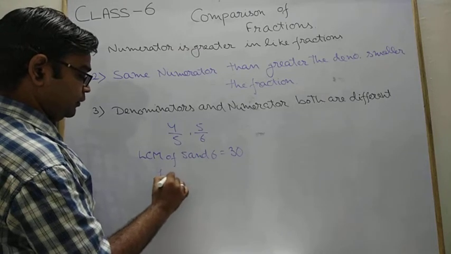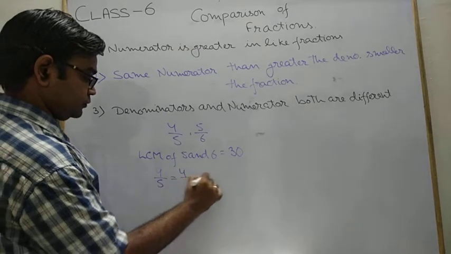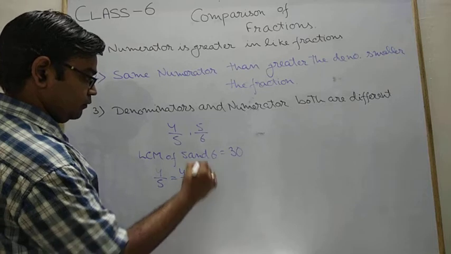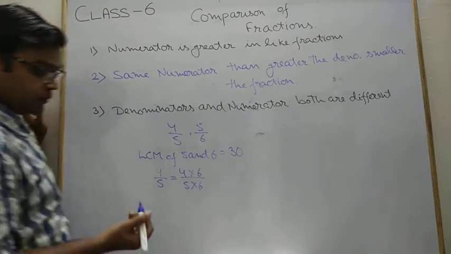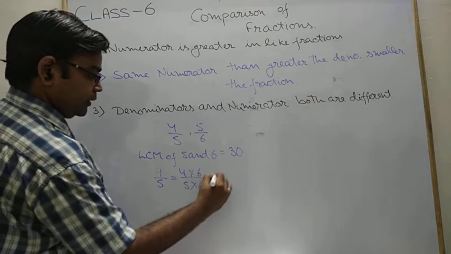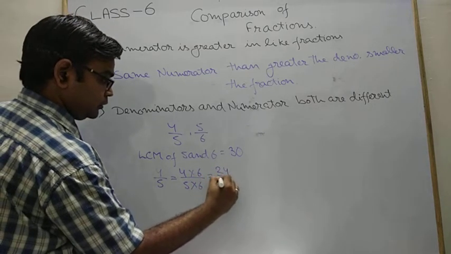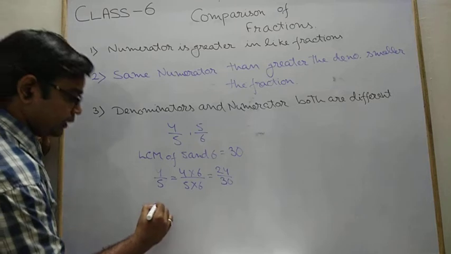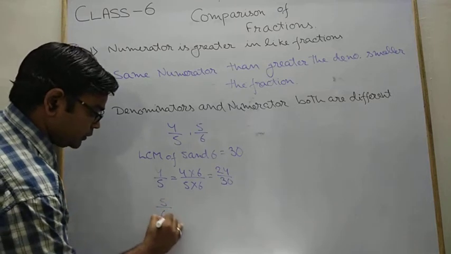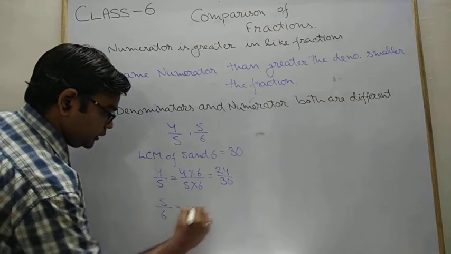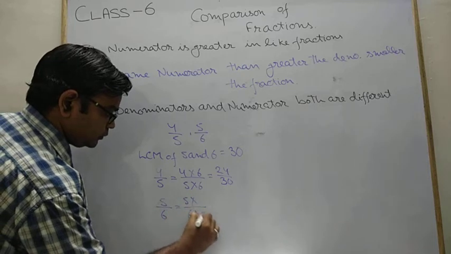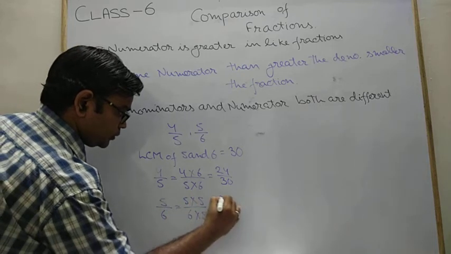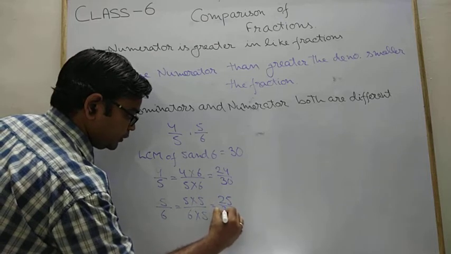4 upon 5 equals, 5 into 6 gives 30, so we multiply by 6, and it's 24 upon 30. In the next one, 5 upon 6 equals, multiplying by 5, 25 upon 30.